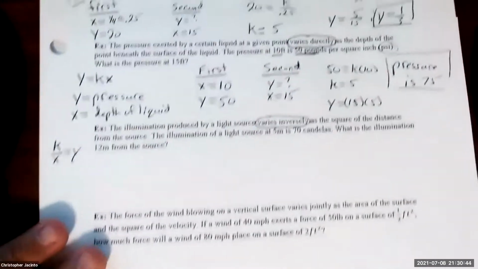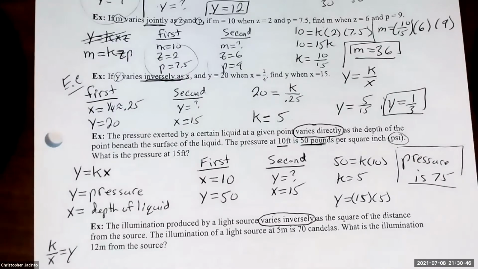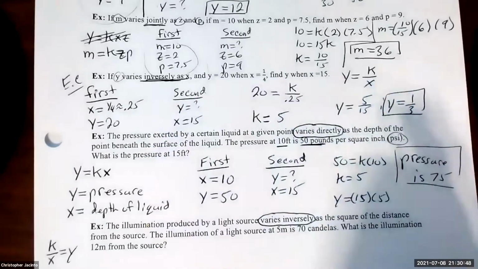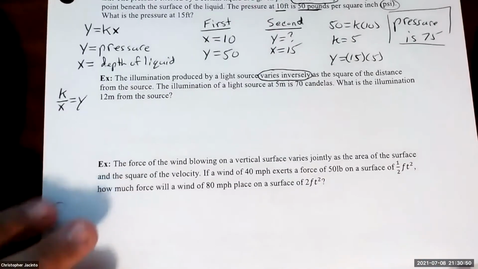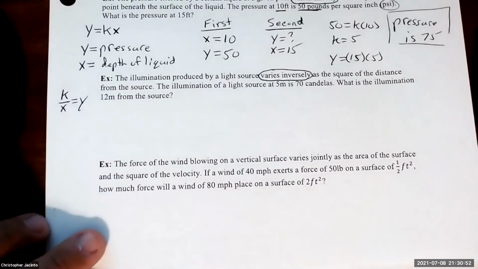And varies inversely, so the last scenario we had here. Okay, cool. So we got that going. So varies inversely as the square of the distance from the source. Okay. The illumination of a light source at 5 meters is 70 candelas. What is the illumination 12 meters from the source?